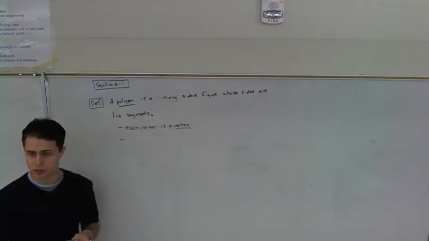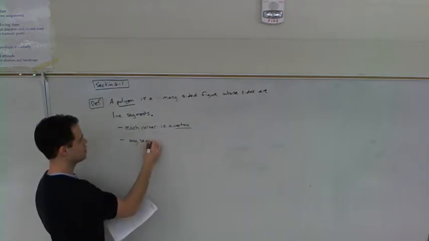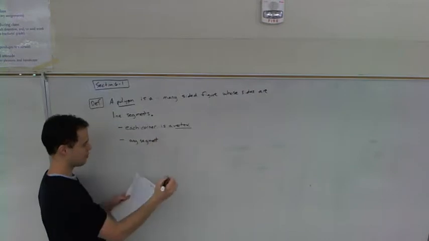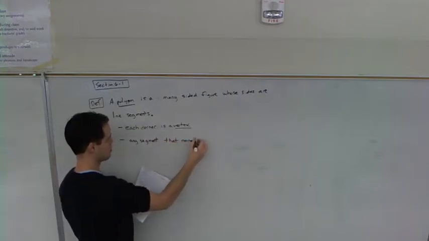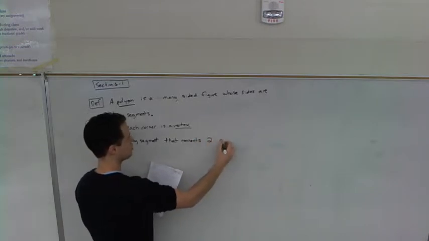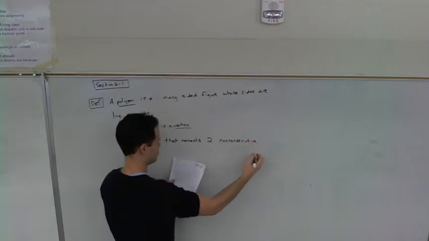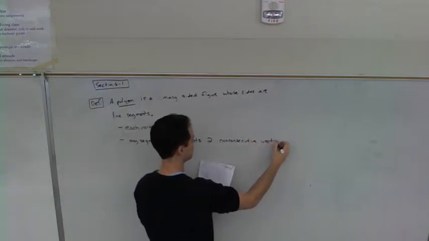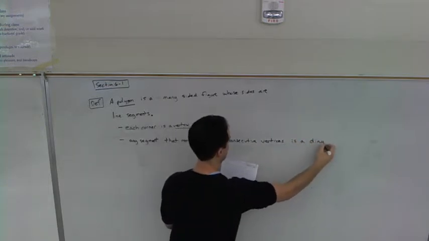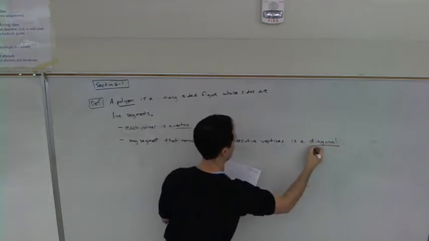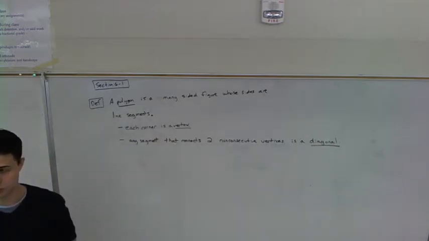And then this is probably a new term. Any segment that you put in there, or that you can observe, if that segment connects 2 non-consecutive vertices or corners, it's called a diagonal. Okay, so that's probably an important new term, which we'll use a lot.